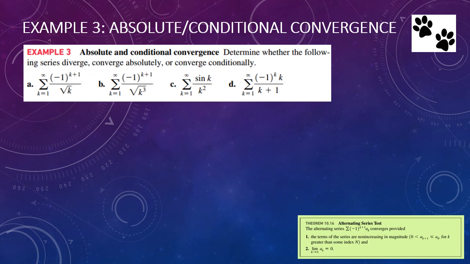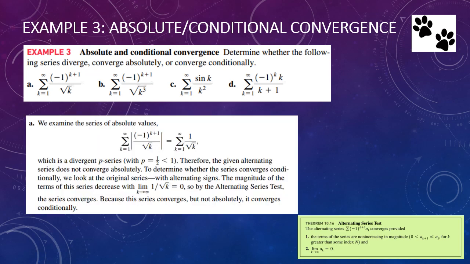So here we have the a sub k function of the sequence is 1 over the square root of k, once we take the alternating function out. Now, the series without the alternating sign is a divergent p-series with p equals 1/2, which is less than 1. Therefore, the given alternating series does not converge absolutely.